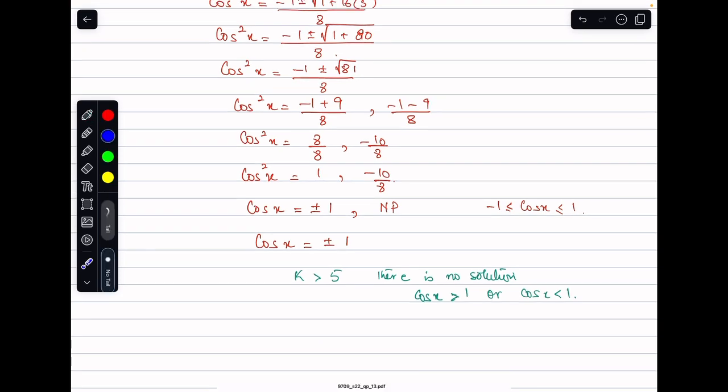So whenever k is greater than 5, there is going to be no solution, because that will give us values of cos of x greater than 1 or less than negative 1. So giving us no solution here because of the condition for cos of x to be within negative 1 till 1.